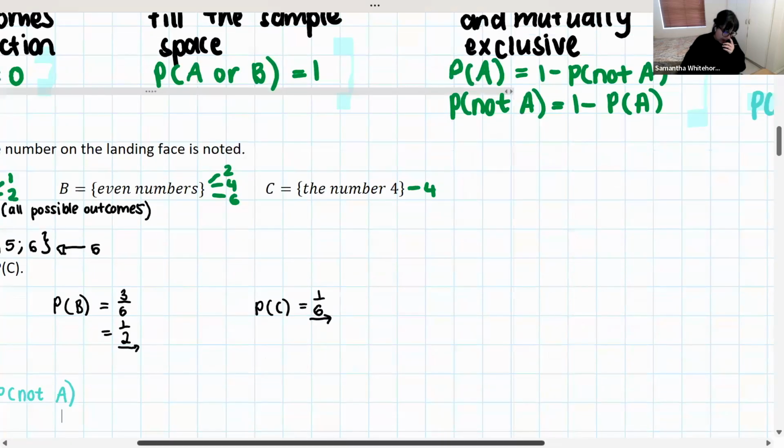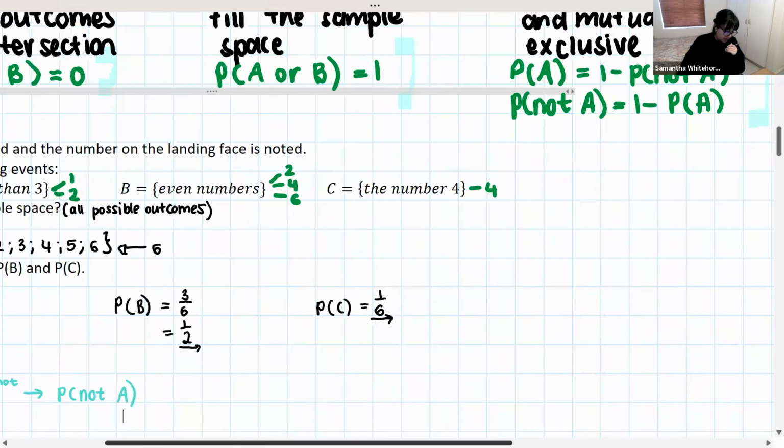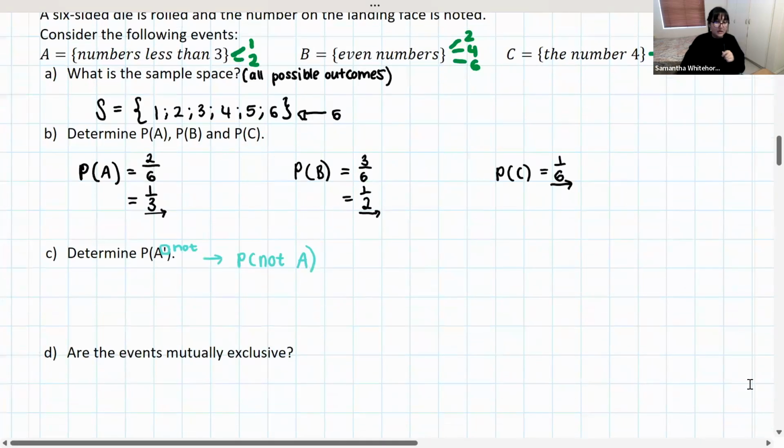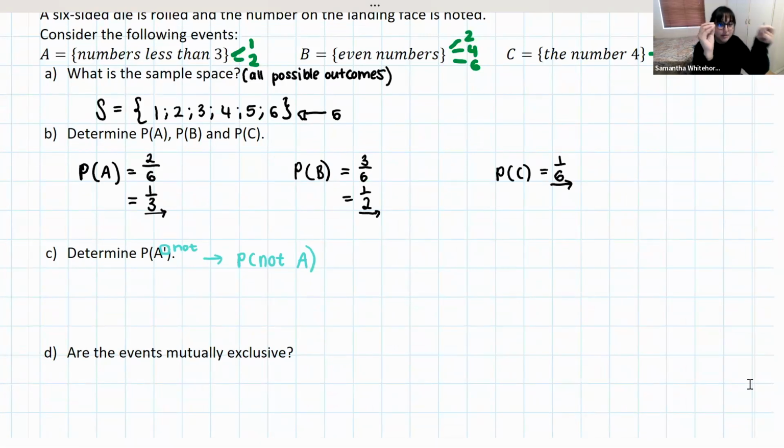Okay. Where I'm going with this. If we wanted to work out the probability of not A, essentially I want you to work out the probability of everything else occurring except for A. So that's what not A means.